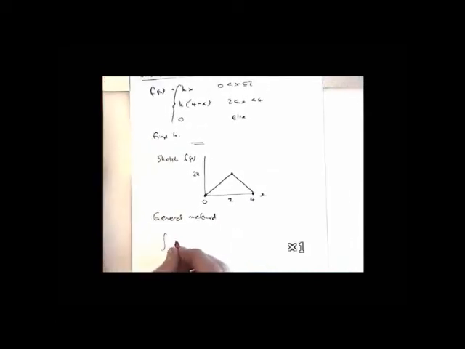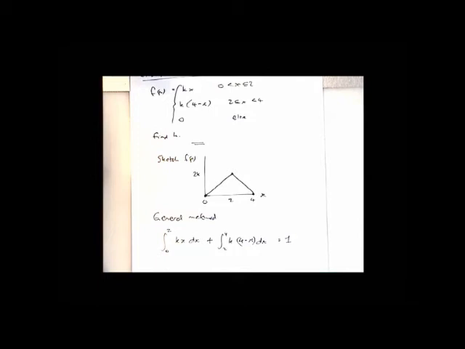So if you wanted to say that the function is kx between 0 and 2, and then it changes to be k times (4 minus x) between 2 and 4, and the area there equals 1, all you need to do is add those two bits together, and that would work.